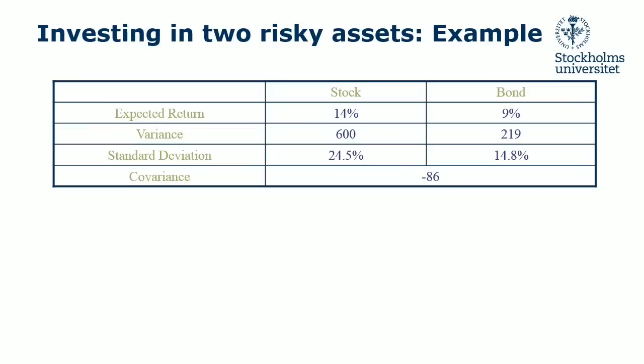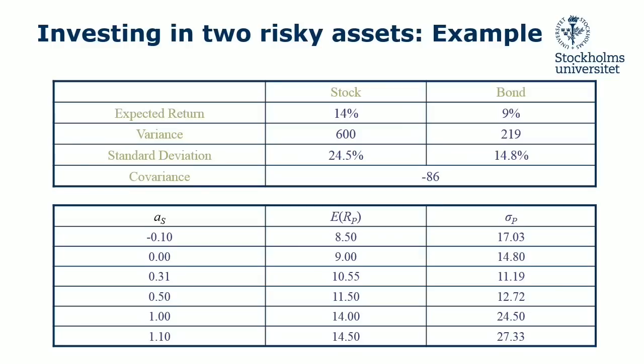Of course, the standard deviations are nothing but the square root of the variances that we have just given up there. The covariance, assume that it is equal to minus 86. Now, in this example, we're expressing things in terms of percentage units, not as proportions as we've done before. But that doesn't matter as long as we know what we're talking about.